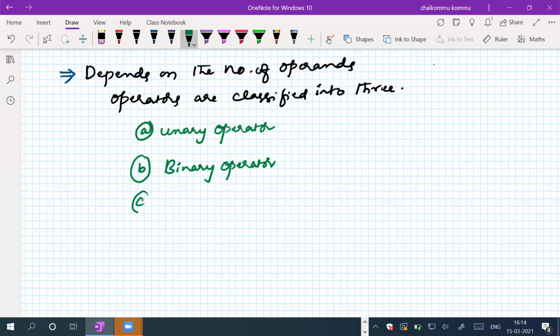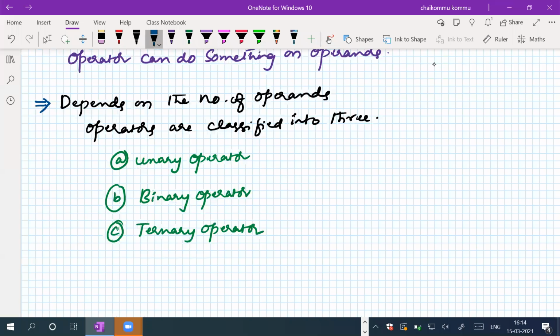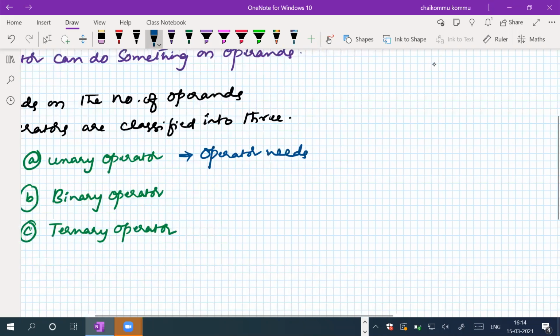So what do you mean by the unary operator? That means this operator needs only one operand.